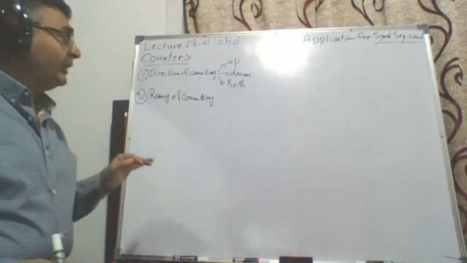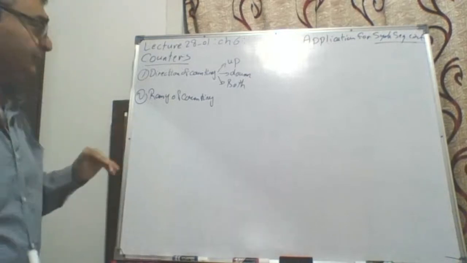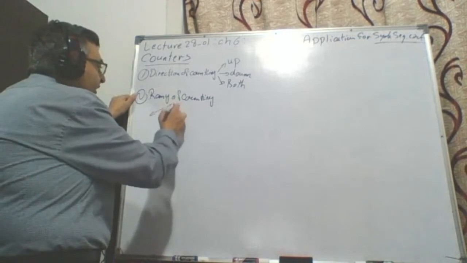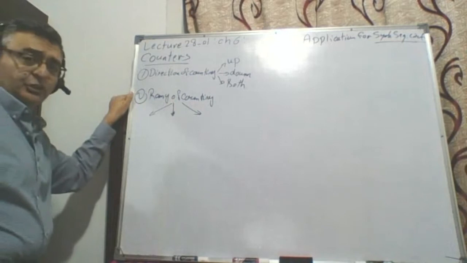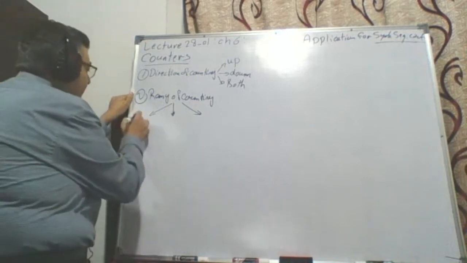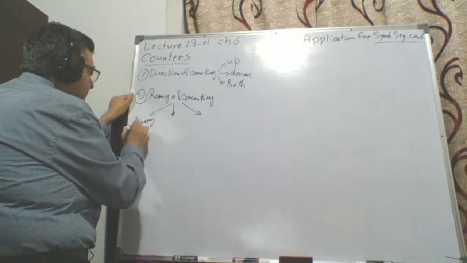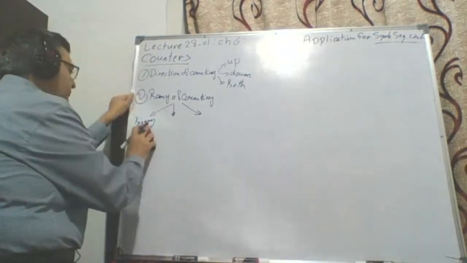In the range of counting, we actually have kind of standards for the counters. Okay, we can classify 3 types of counters based on the counter range. We have what's called the binary counter. The binary counter.